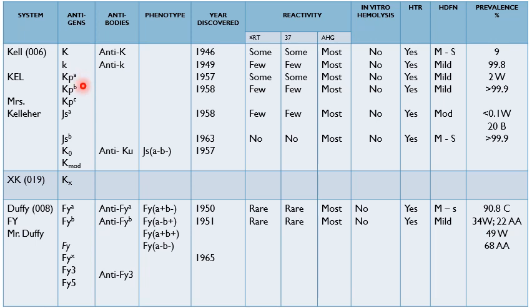KPA and KPC antigens are low prevalence antigens, antithetical to their high prevalence partner KPB. Antithetical antigen means antigens that are coded by different alleles of a single gene.